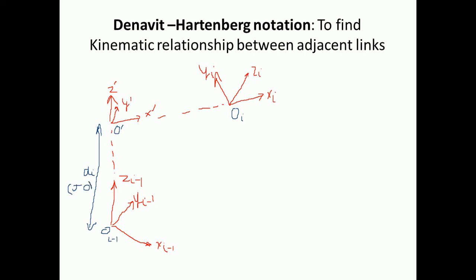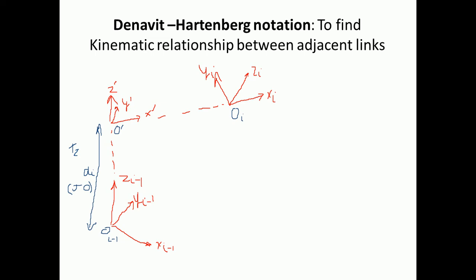And the homogeneous transformation matrix which we have to write, we show by T, and the direction in which we have to do translation for tracing the distance di is z over here. Okay. So this frame is going to reach O dash.